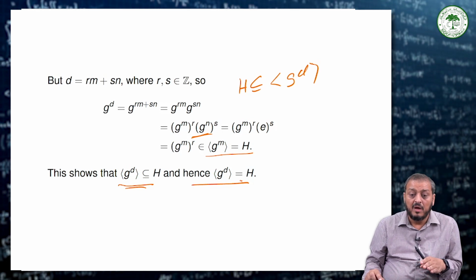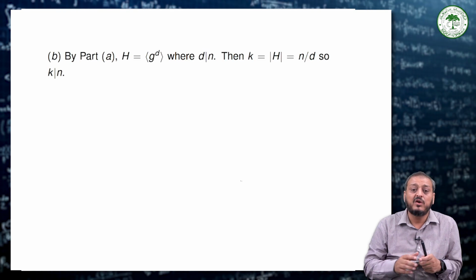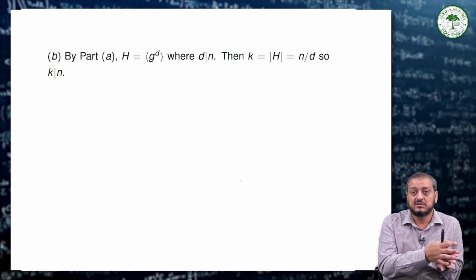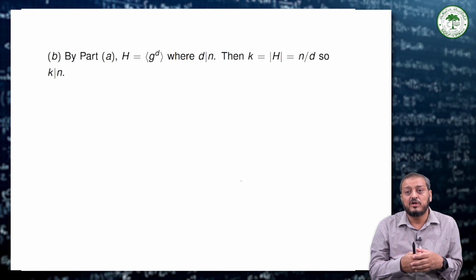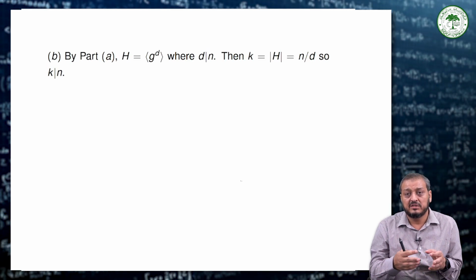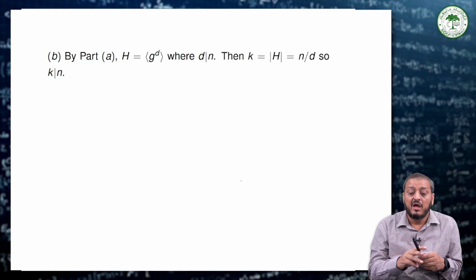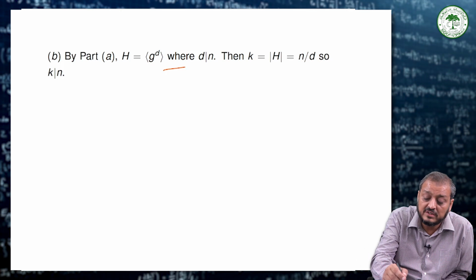By the first part we have already proved that H can be written as the subgroup generated by g to the power d, where d divides n.